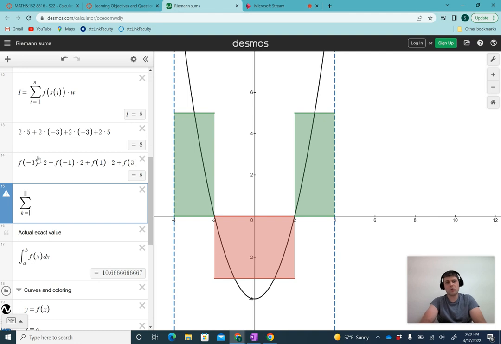The most common one is 1 to whatever n is. In this case, n is 4, so you go 1 through 4. That means we're going to add 4 terms, and they look like f of something times 2, because 2 is the width of each of these rectangles.